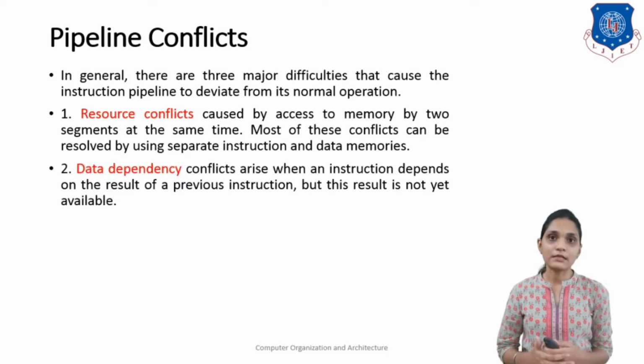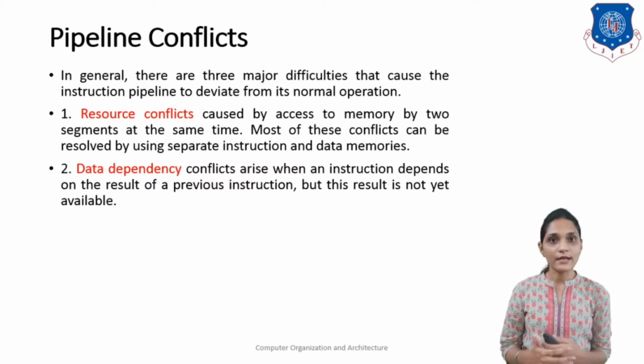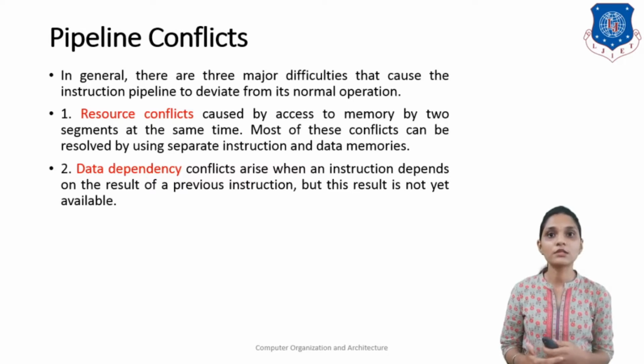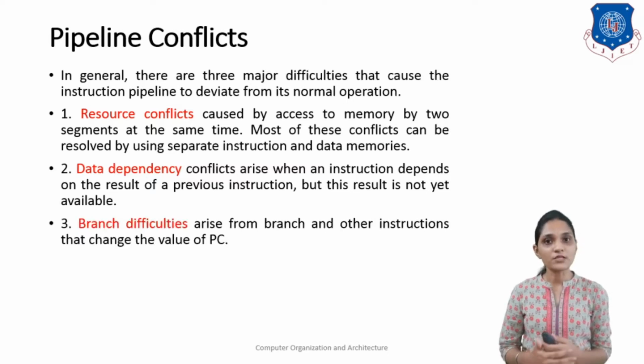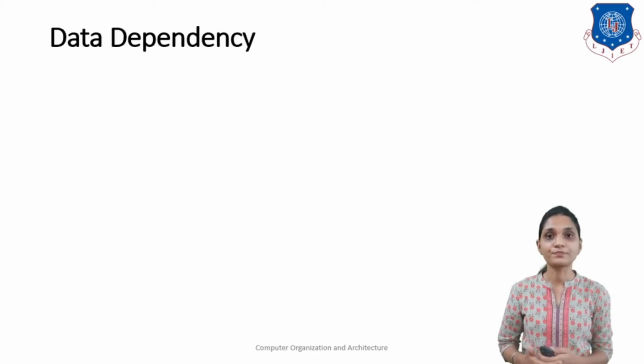The second problem is data dependency. These conflicts arise when an instruction depends on the result of a previous instruction, but that result is not yet available. And the third problem is branch difficulties that arise from branch and other instructions that change the value of the program counter. In this session, we are going to see how we can solve all these problems.